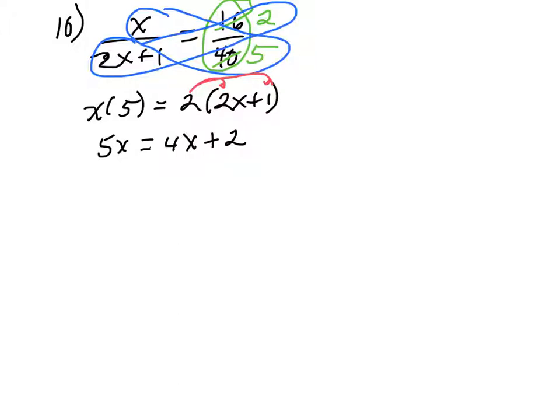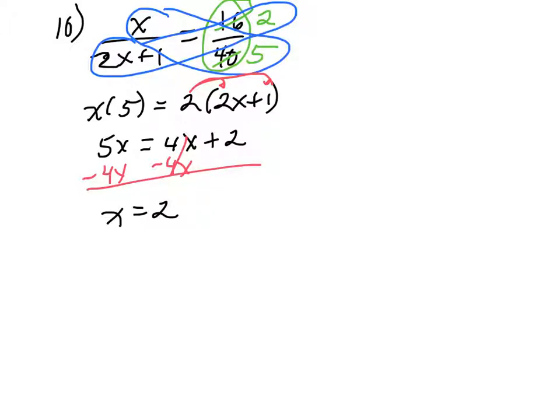Then how do you solve? Subtract 4x from both sides, and I end up with x equaling 2. And then you can check that and make sure that that does give you a true proportion.